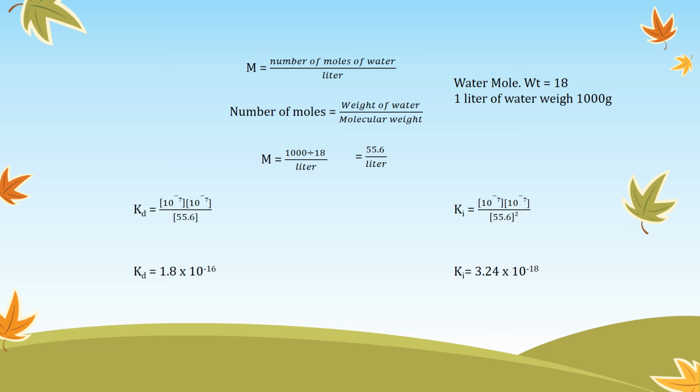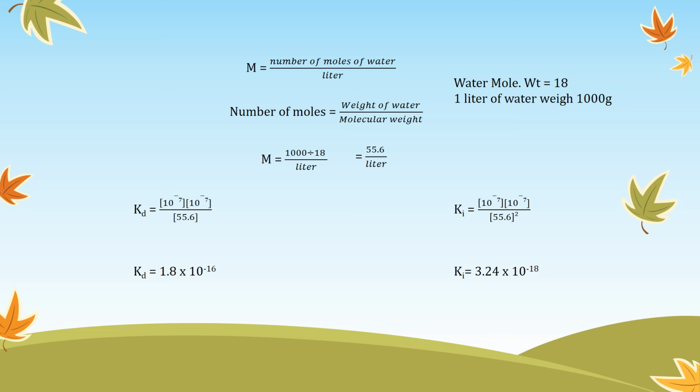So at neutral pH 7, there will be 10 to the power minus 7 molar of hydrogen ion, and similarly 10 to the power minus 7 molar hydroxyl ion will be present. When you take 1 liter of water, according to the molecular weight of water, there will be 55.6 molar water. So when you compare this, the ionization concentration is very low.